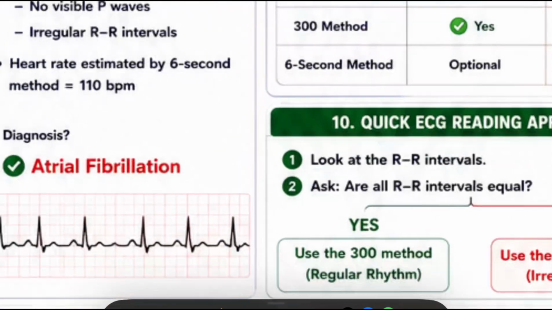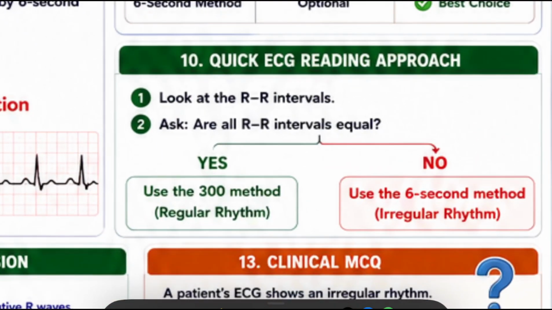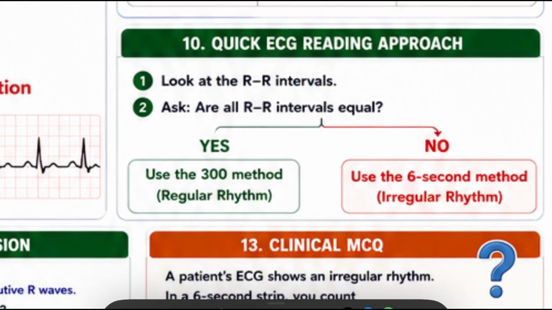Next, the quick ECG reading approach. How to interpret an ECG fast: whenever you receive an ECG, first look at the RR intervals and ask yourself, are all RR intervals equal or not?